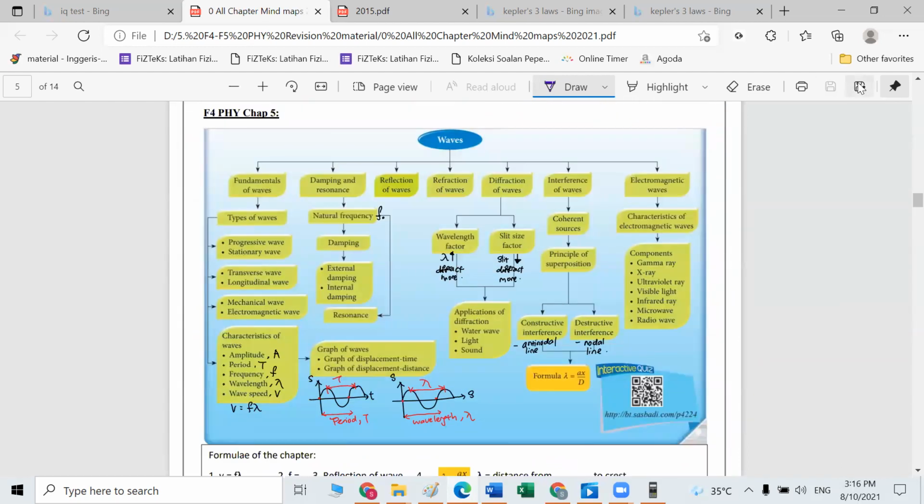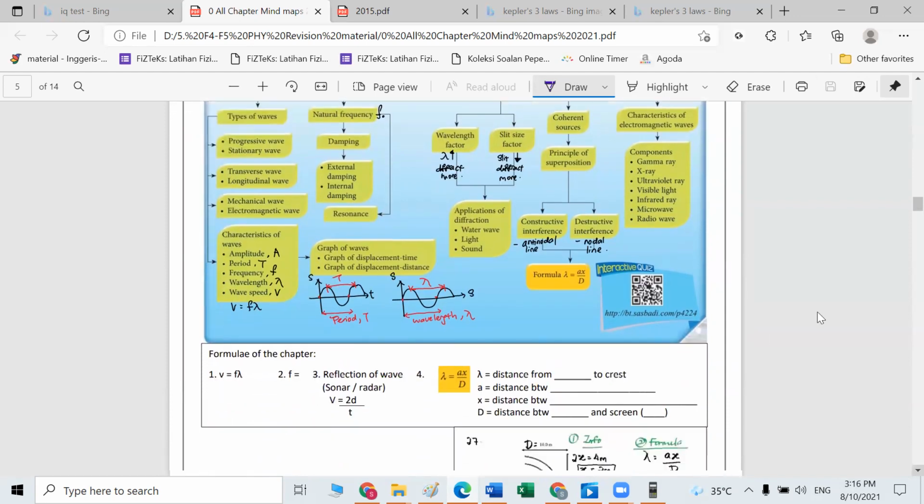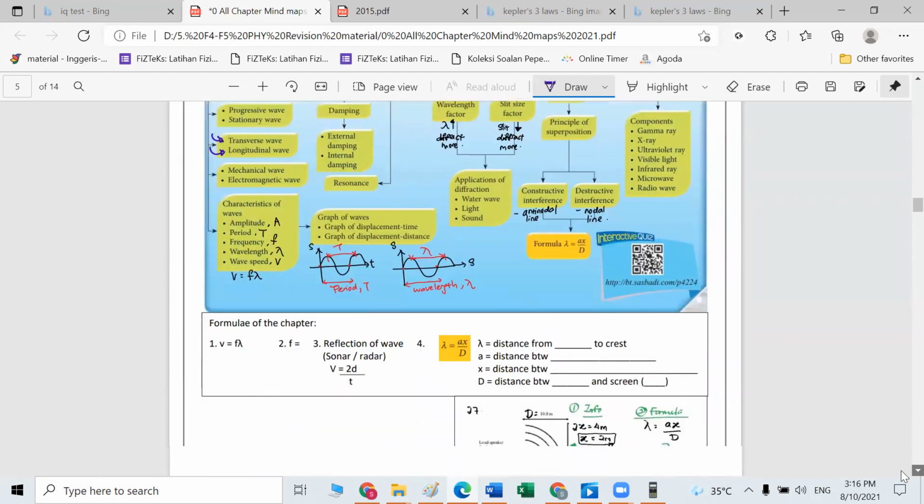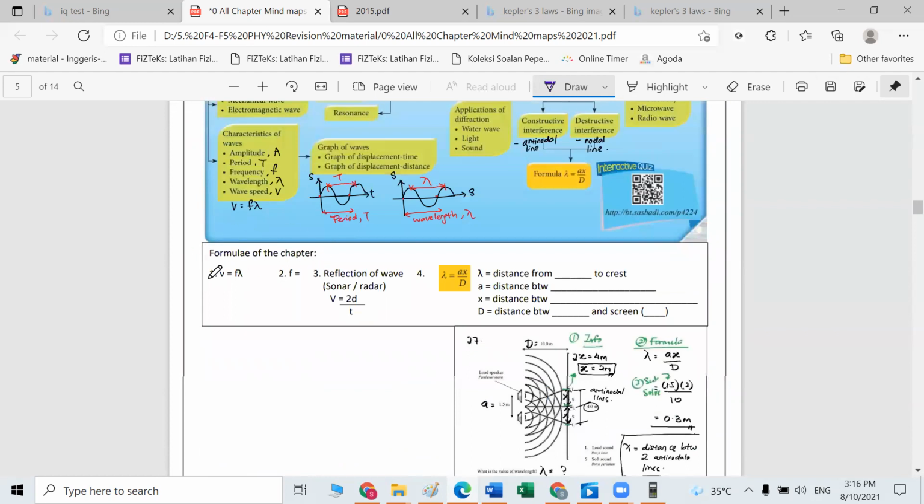Okay, chapter 5. Oh yeah, I forgot to put in transverse wave and longitudinal wave. Well, never mind, we look at the formula first. v equals to f lambda, f equals to 1 over T, so T equals to 1 over f. T is period, the time taken for one oscillation.